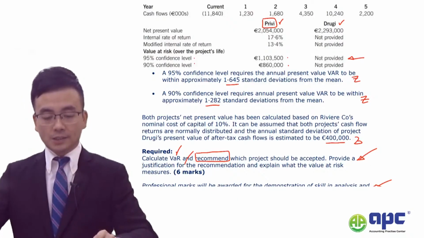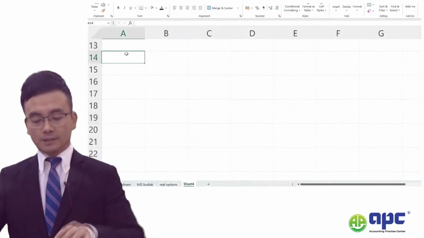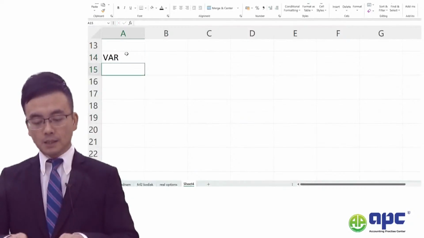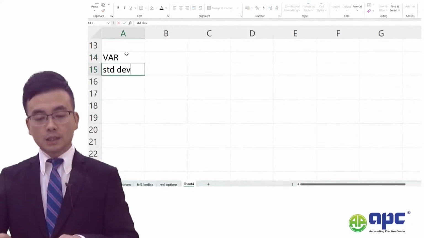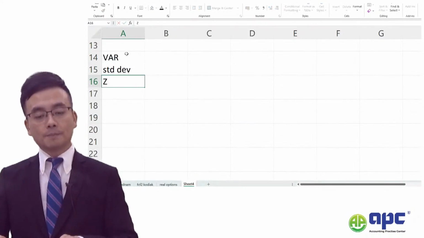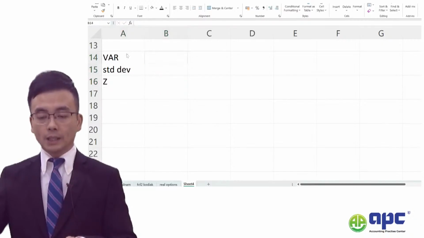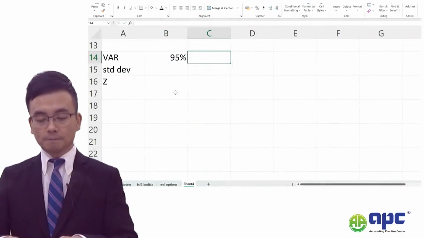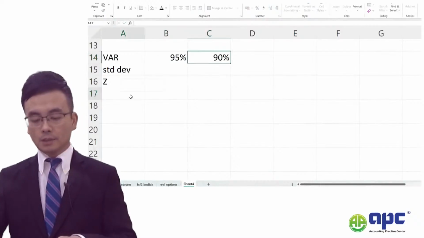As a starting point, to calculate the value at risk we slot the variables in: the standard deviation, which you can abbreviate as you like, the Z value depending on whether it is the 95% or 90% confidence level, and then the time period.